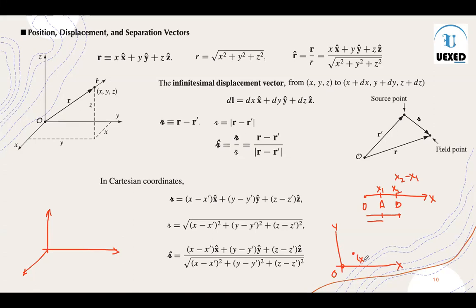Let's suppose this is x1, and then you can say this is y1. So x1 defines the distance from the origin to this point, and y1 defines the distance from the origin to this point. And then the position vector is defined with these 2 coordinates x1 and y1.